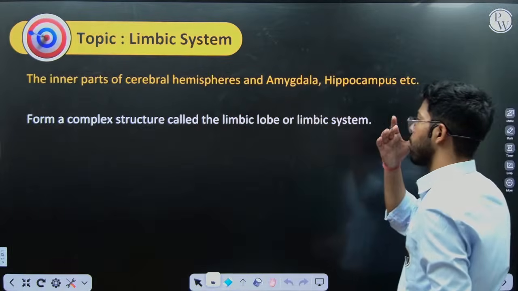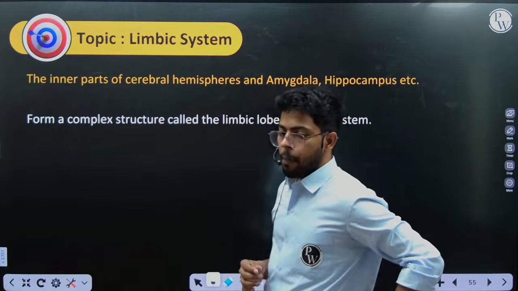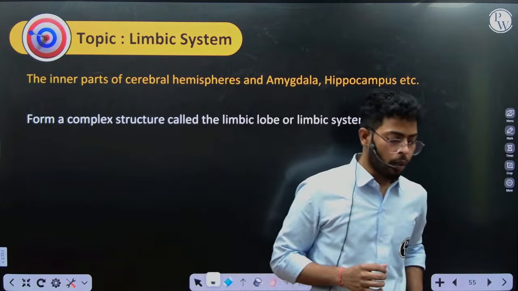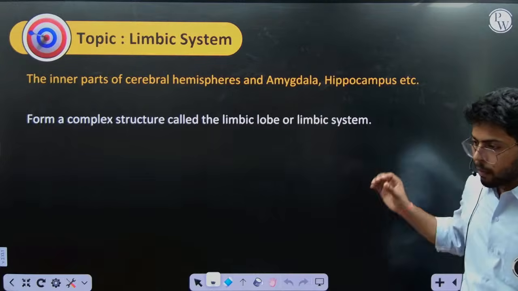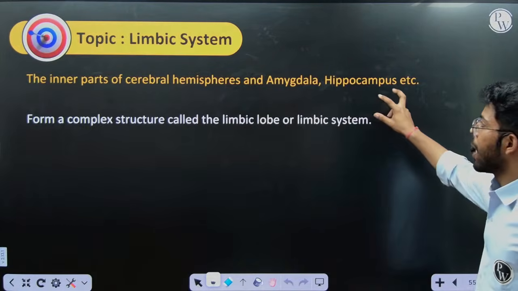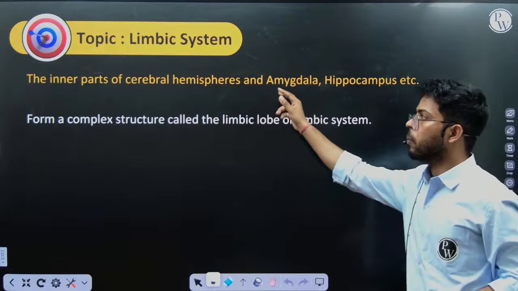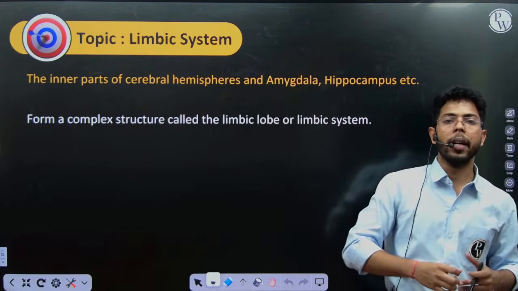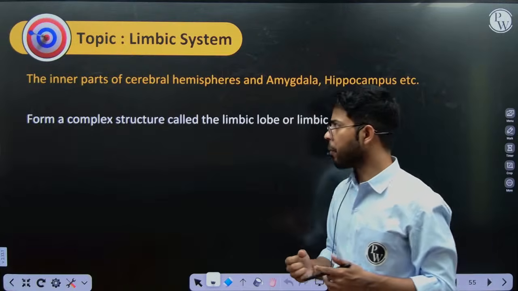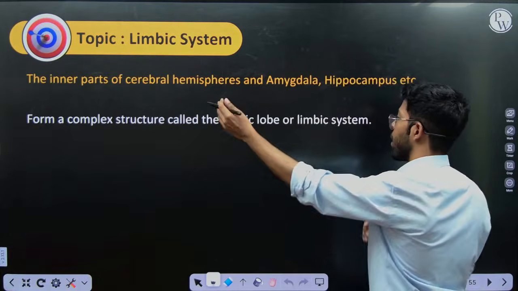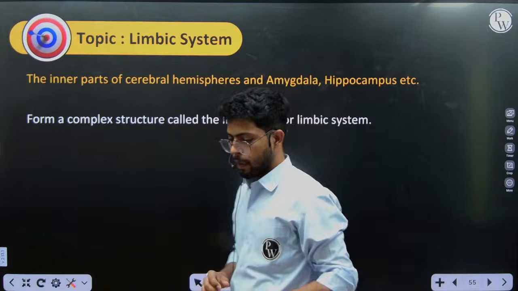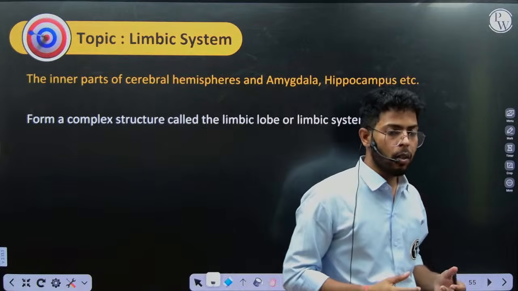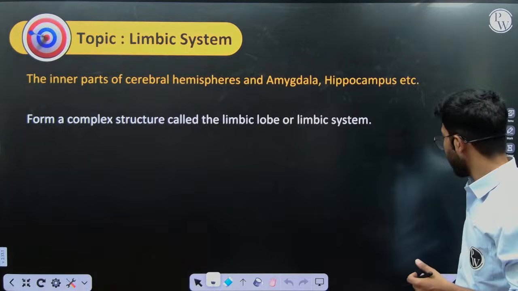Now the limbic system. The inner parts of the cerebral hemisphere along with some structures known as the amygdala and hippocampus constitute the limbic lobe, or make up the limbic system, which is responsible for emotional behavior also.